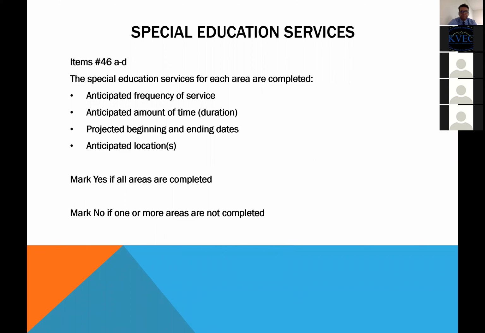A lot of times we see the anticipated location box missing. Most of the time we see the rest of that in there. We just have to make sure that the amount of time you're putting in there is the amount of time that you're using for specially designed instruction. So if you have a co-teaching classroom and you have 4 students in there that are special ed that you are servicing at that time, and the class is 45 minutes long, you will not put 45 minutes on there.